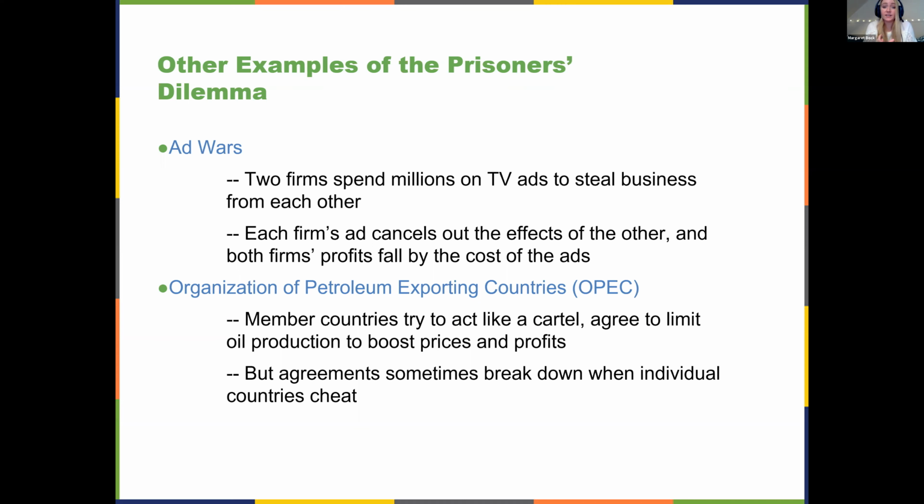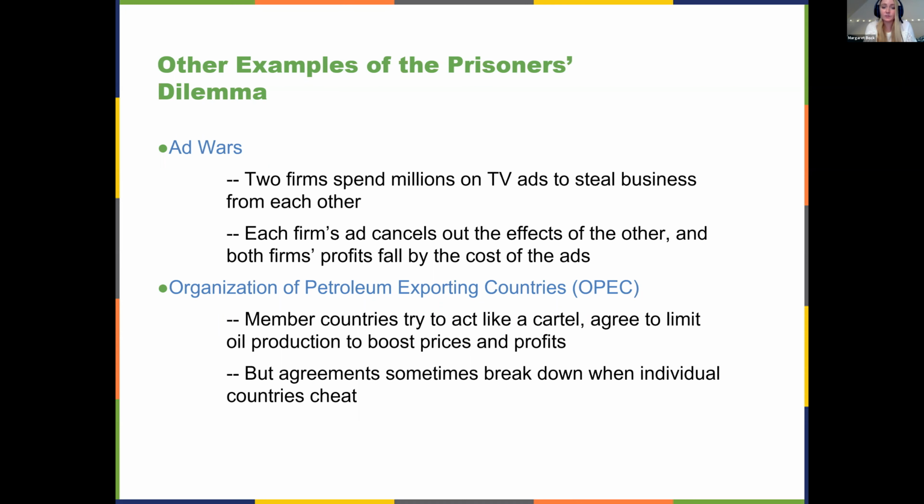One example could be an ad war campaign, or you can even think of this as a political ad war campaign. The players could be two different businesses or two different political candidates that spend millions on TV ads to try to steal business from each other.